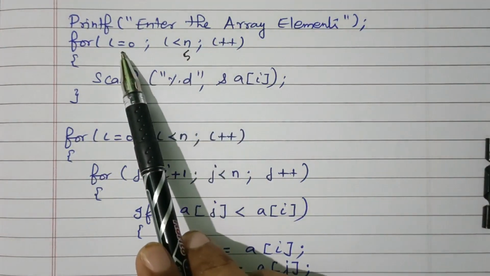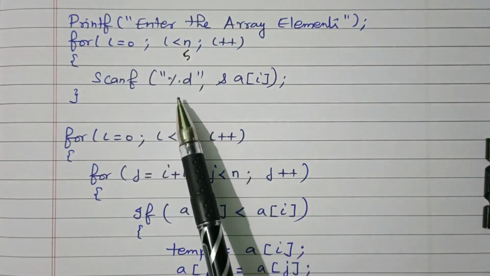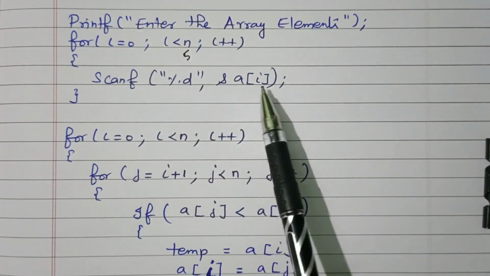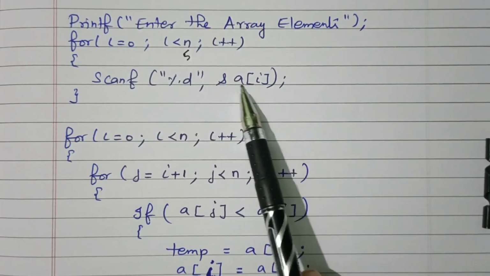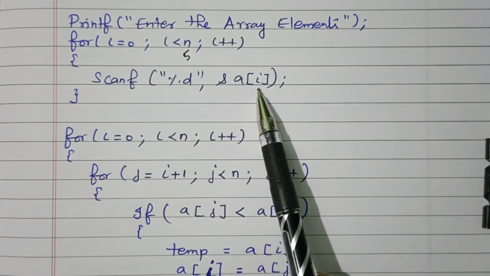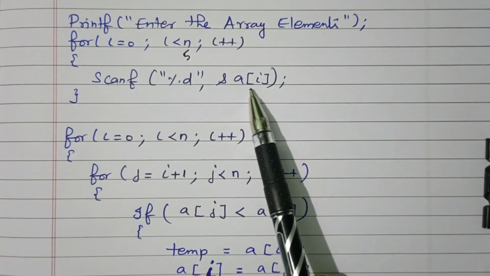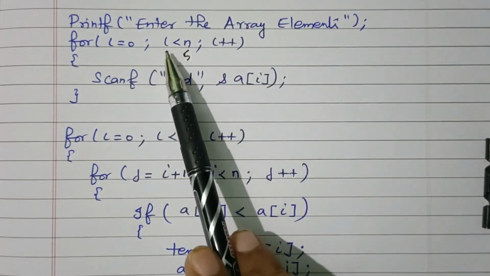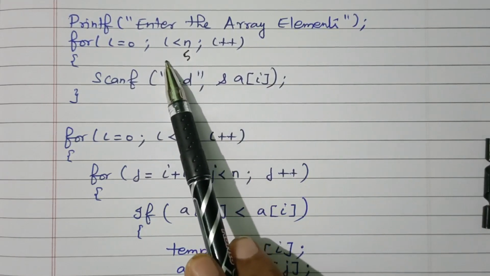Initially i equal to 0, and this condition is correct. So it will scan the first number and store it in the variable a[0]. Then i plus plus, so i becomes 1, a[1], a[2], a[3], a[4]. For 5, the condition is false, since i should be less than 5.